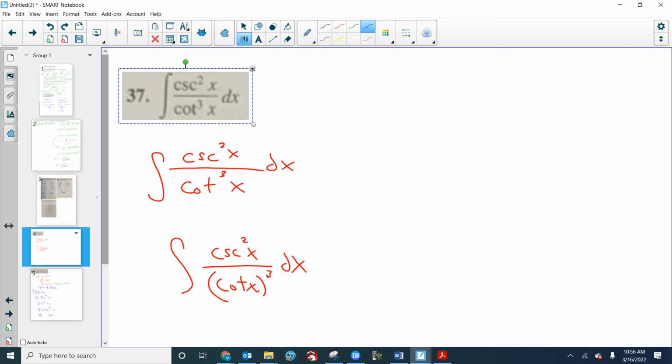So if we're going to let u equal cotangent x, what's du? Negative cosecant squared x dx. Well, we've got a positive cosecant squared x dx. That's good. So a negative du will make that negative positive, won't it?